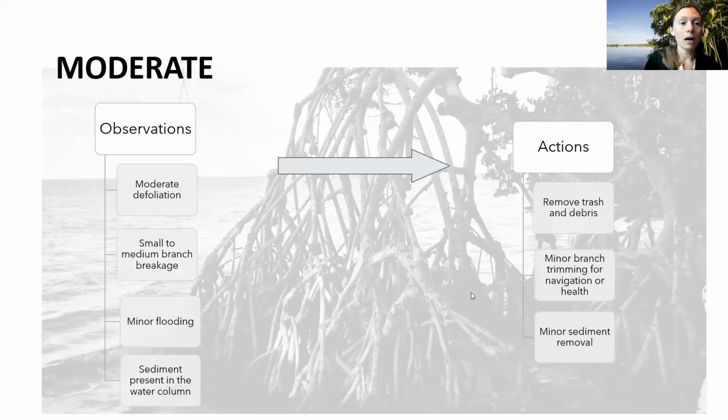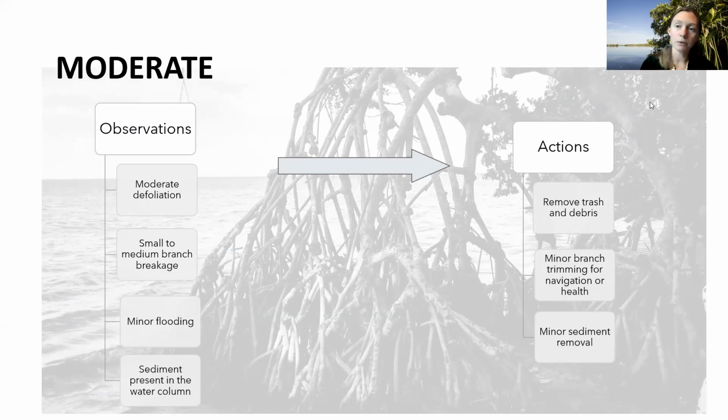Moderate damage is going to look more like this. So you're going to see moderate defoliation. So this would be like if you're looking at a mangrove tree and you notice that at the ends of the branches, like all of the branches, it's missing its leaves. Interior foliage may still be present, but all of that foliage at the ends of the branches is now missing.